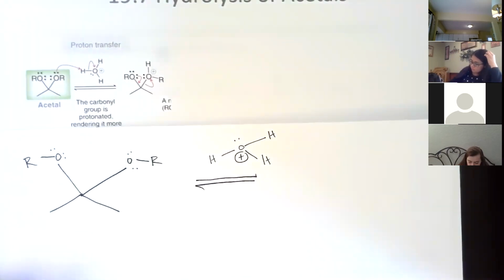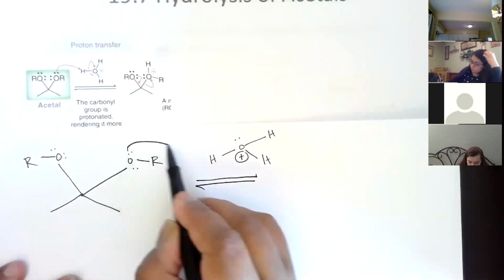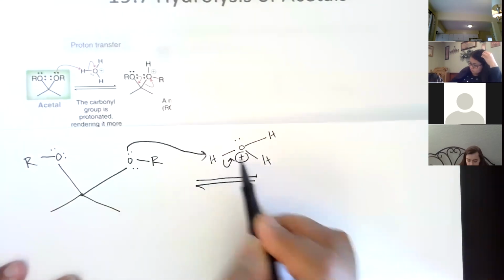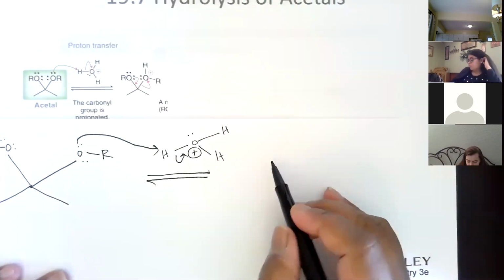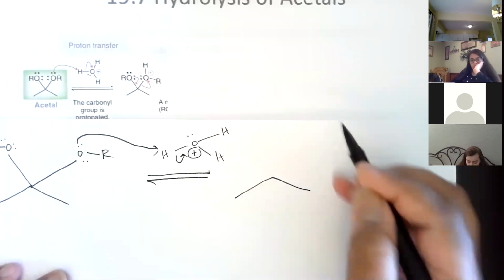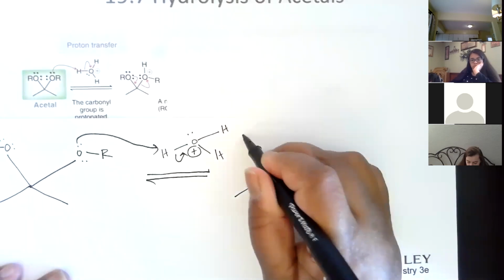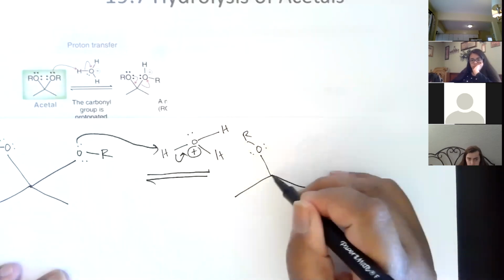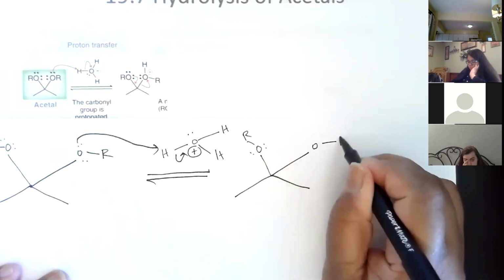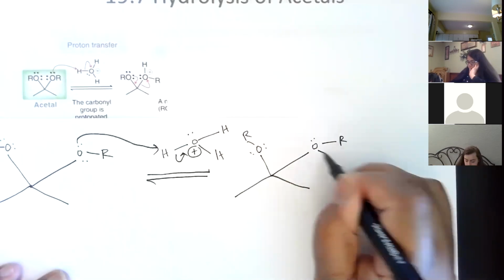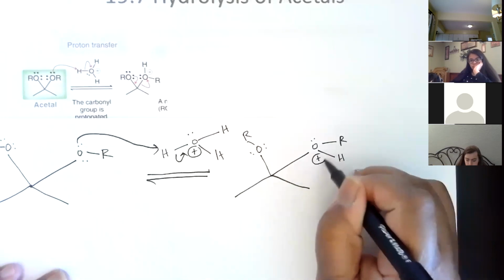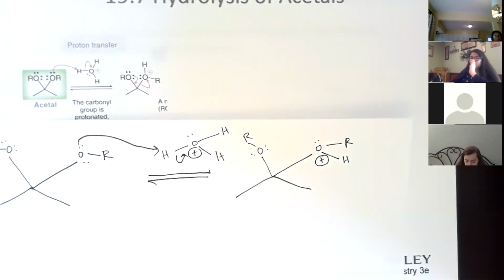Okay, any one of the oxygens, they get protonated. And then what happens here? Remember, we need to lose both the OR groups as ROH. Is the OR a good leaving group? No.